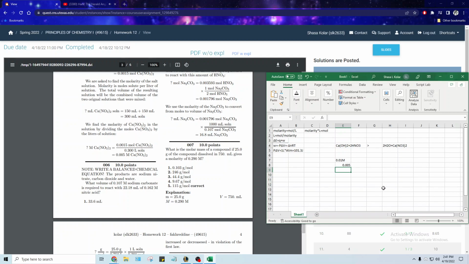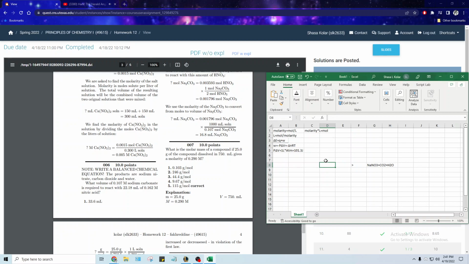The products are sodium nitrate, so that's NaNO3, carbon dioxide, and water. Okay. That's the products, so they're on this side of the equation.